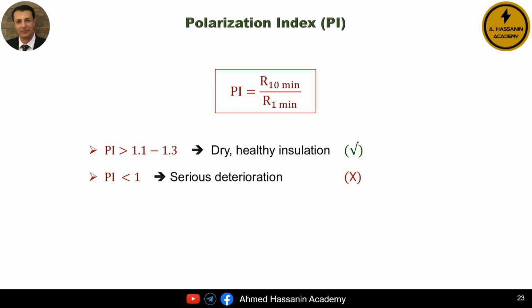As for the permissible values, a high polarization index, PI value, between 1.1 and 1.3 is an indication of good insulation condition. However, if the polarization index, PI value, is less than 1.0, this is an indication of impurities, moisture, poor insulation condition, or severe deterioration of the insulation.